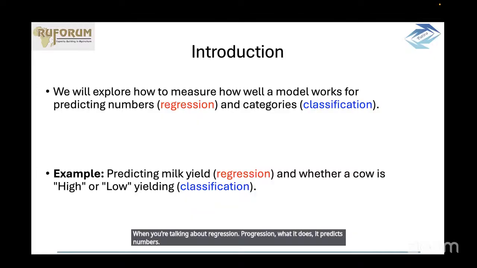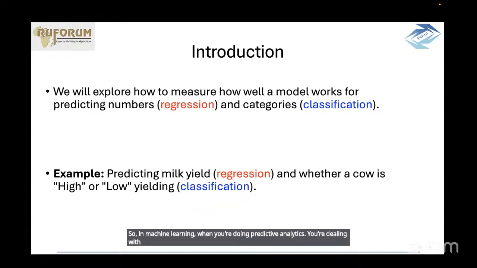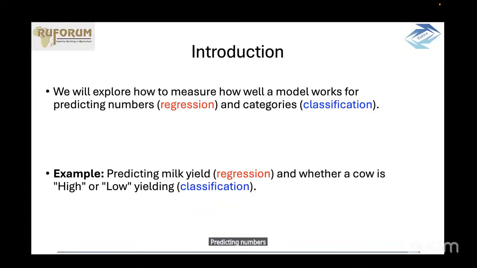This is an example: when you're predicting milk yield, that was a regression problem. But when you're predicting categories, and we saw the two categories were high yielding or low yielding, it's a classification problem. So in machine learning, when you're doing predictive analytics, you're dealing with these two: regression, predicting numbers, and classification, predicting categories.